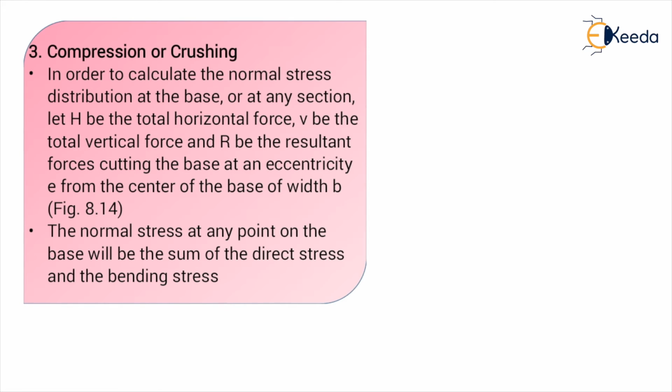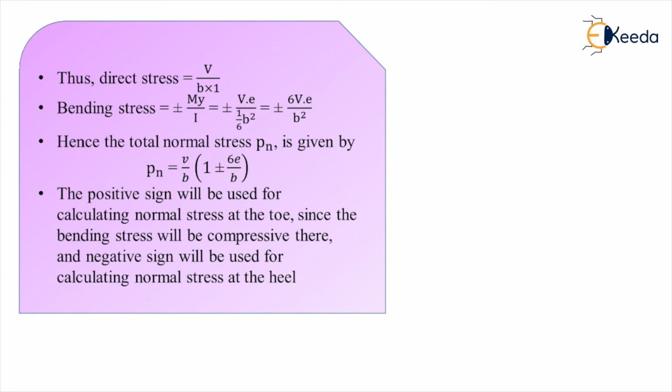So the normal stress at any point on the base will be the sum of direct stress and bending stress. Direct stress will be calculated by V, the vertical forces, divided by the area, that is V into 1, where 1 is the unit length of the dam.